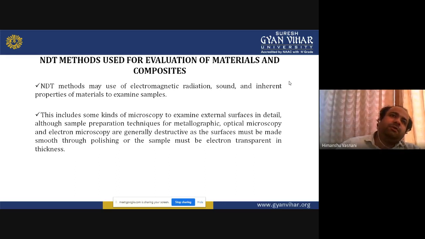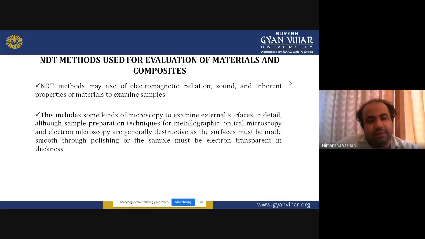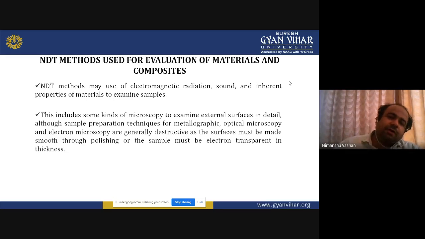But if you are producing only 10 parts, and you are doing testing in which the part can be destroyed, it is not possible. So for such parts, the industry came out with the technology known as NDT, non-destructive techniques, in which the part doesn't get destroyed; it remains the same.